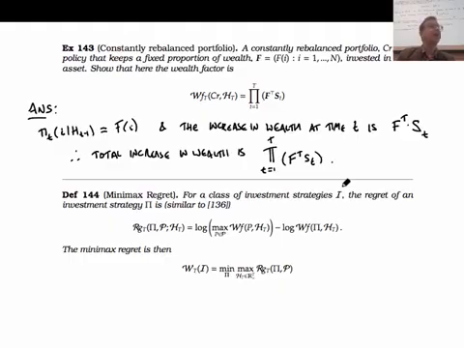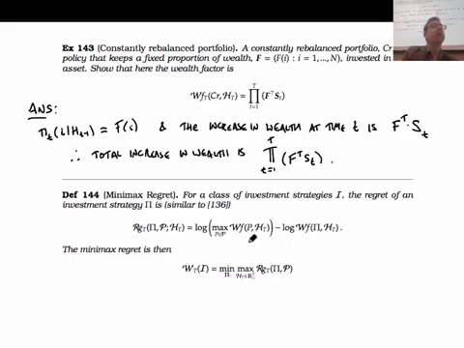And we want to look at how, when I take in that advice and balance my wealth between the different pieces of advice, I can follow a policy that makes the best multiplicative increase in my wealth. So for a class of investment strategies I, the regret of investment strategy pi, similar to the previous definition, is how the log of my wealth factor compares to the best wealth factor.